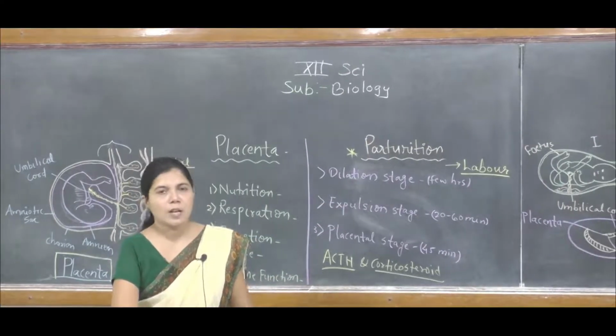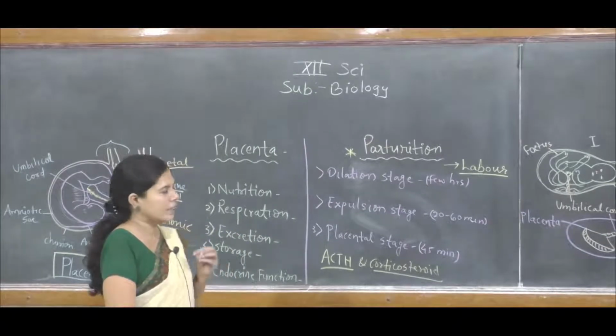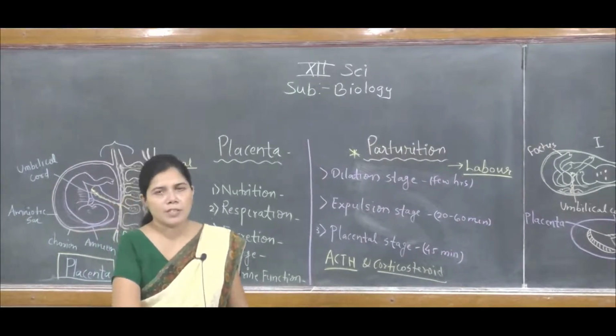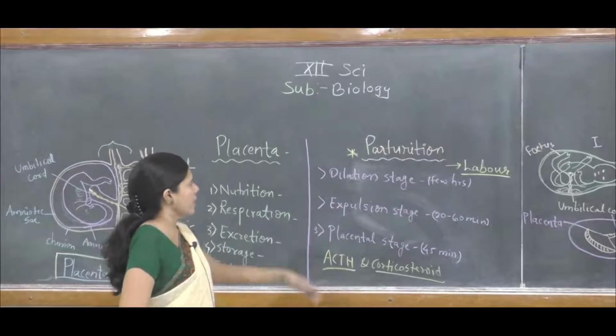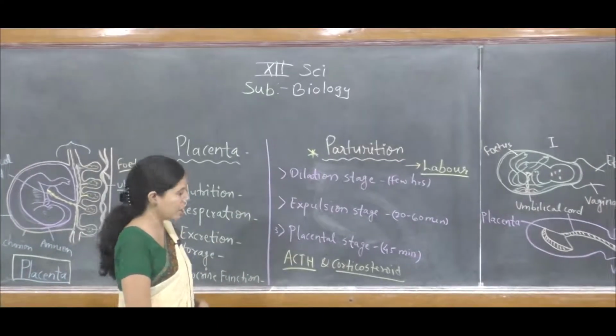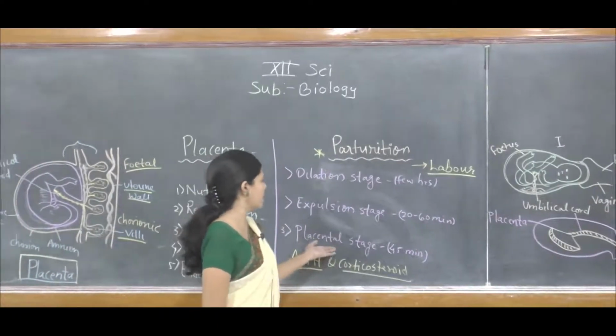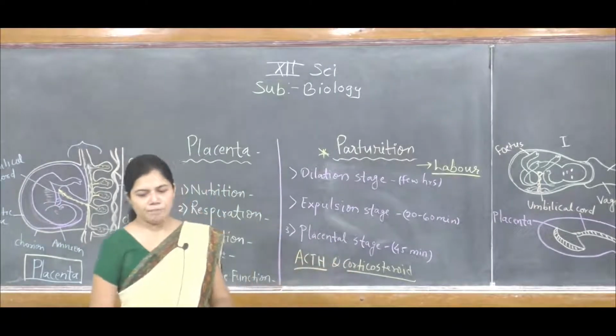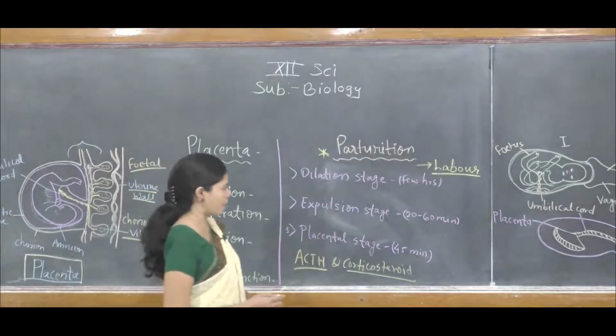The parturition involves three steps: first is the dilation stage, second is the expulsion stage, and third is the placental stage, which is also known as the afterbirth.